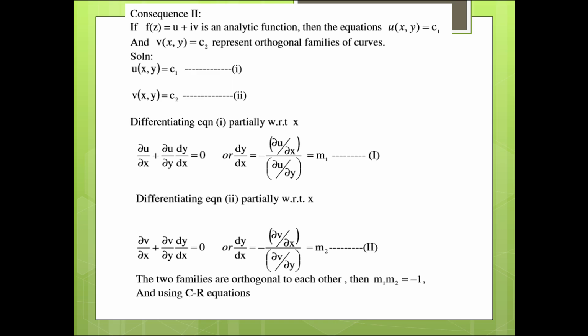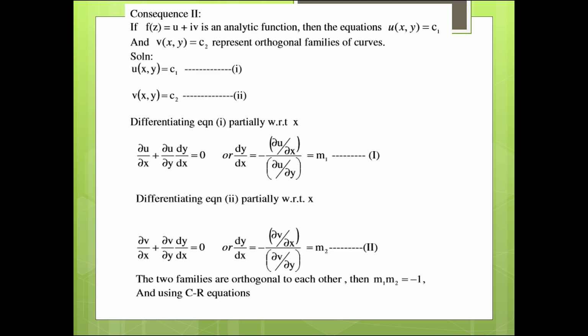Consequence 2. If f of z equal to u plus iv is an analytic function, then the equations u of x comma y equal to c1 and v of x comma y equal to c2 represent orthogonal families of curves. Solution: u of x comma y equal to c1, v of x comma y equal to c2.